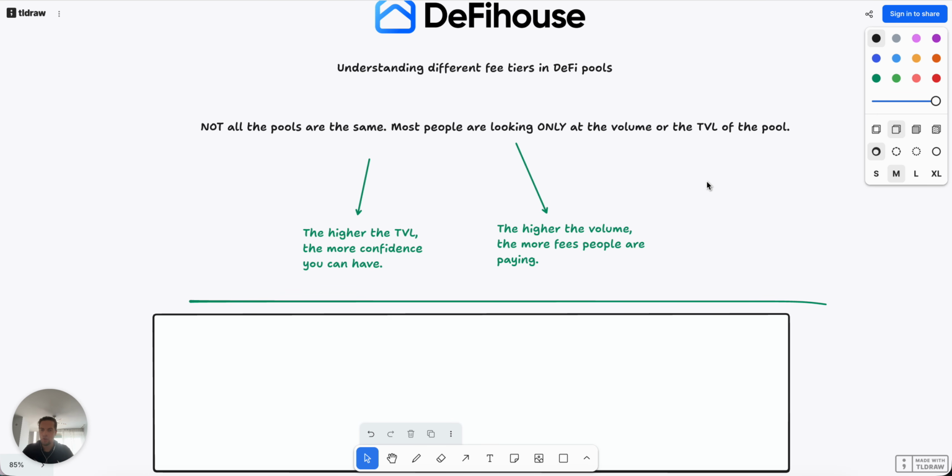And the second option is, the higher the volume, the more fees people are paying. So you want to be looking at these two things, and in most cases you want much higher volume in comparison to TVL.